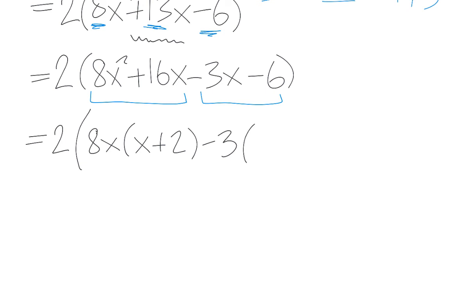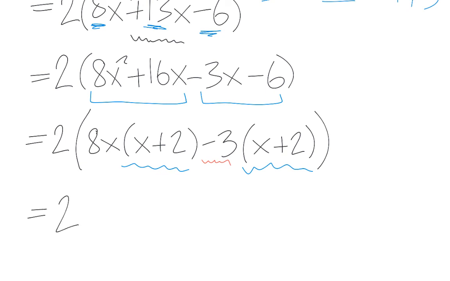That will give us x and positive 2. If you did not factor out this negative 3, you would not get identical binomials, which is what you want. So if you factored out a positive 3, you'd have to play around with the signs to get the same binomial. That might take some time.